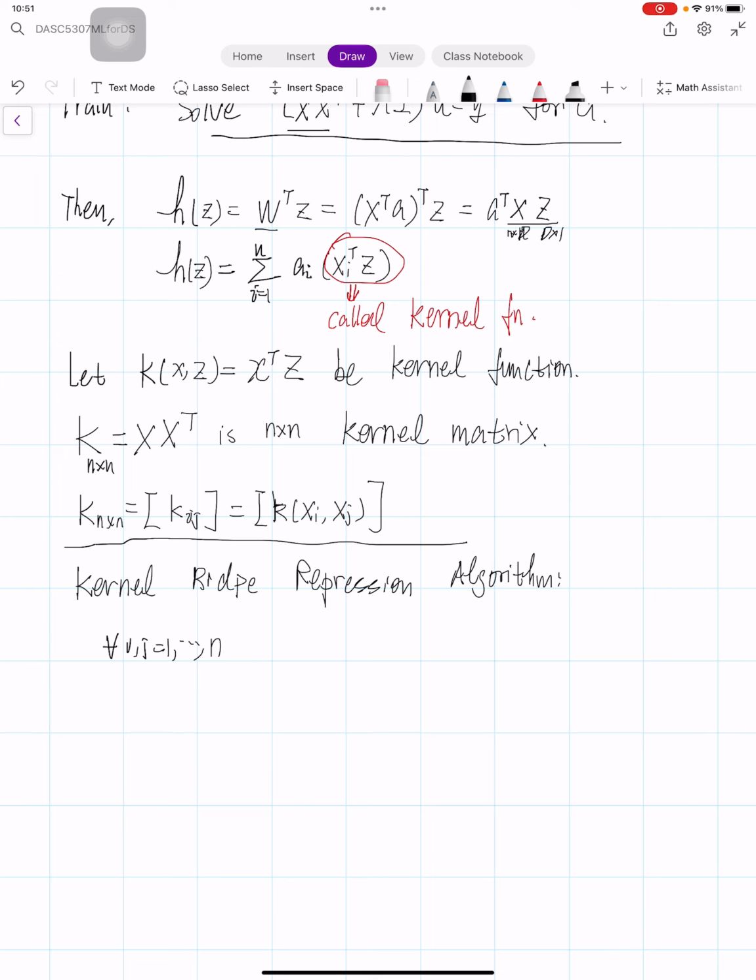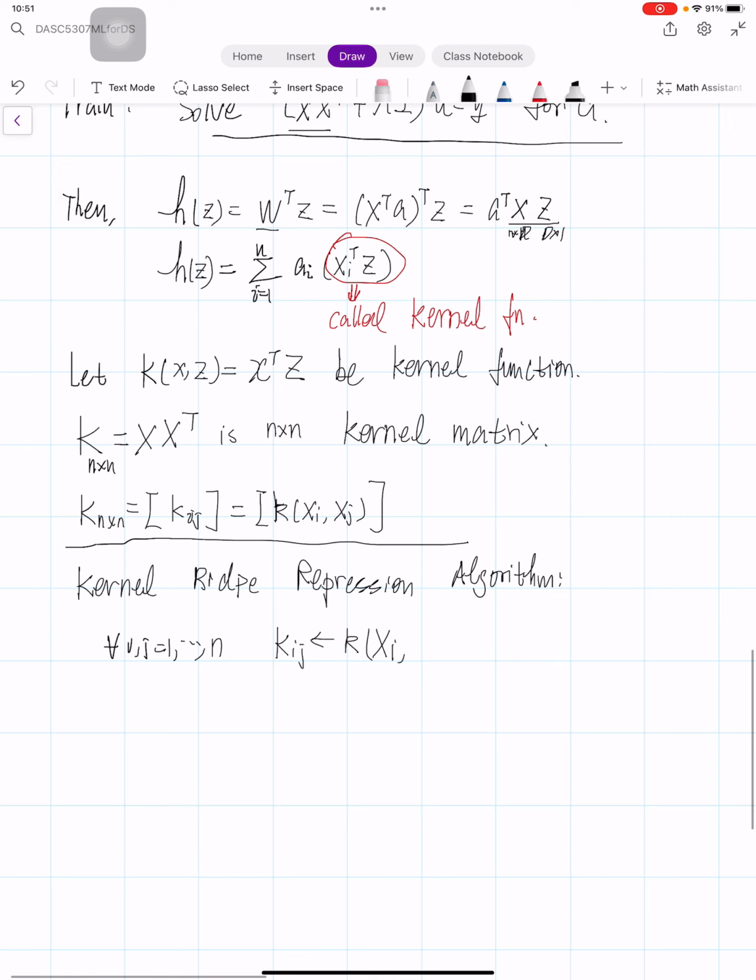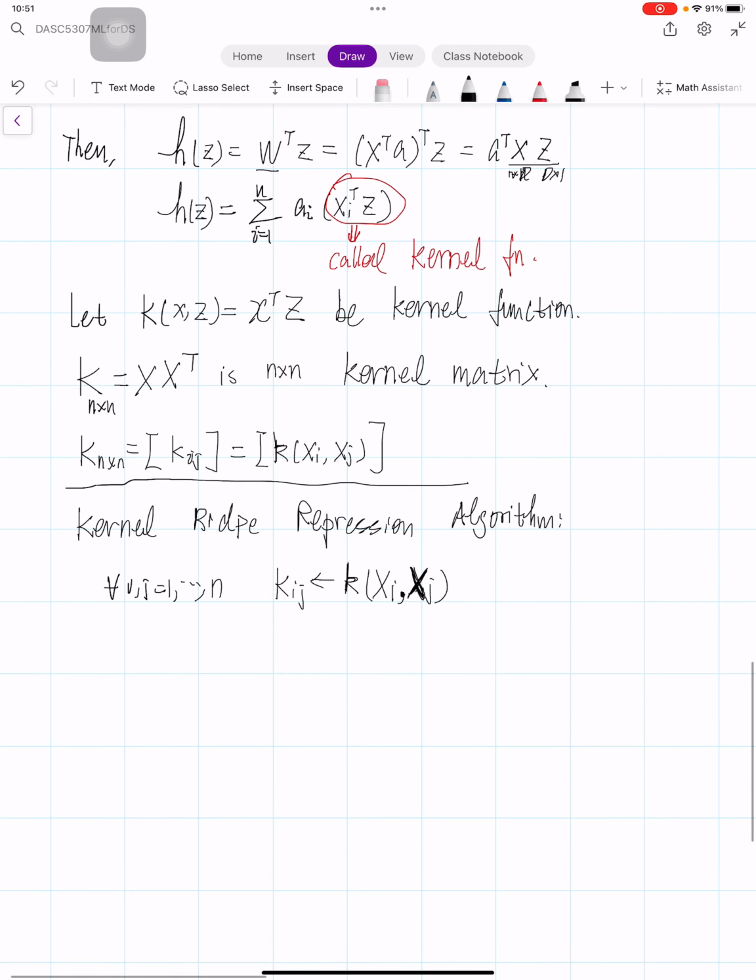So we can plug in the kernels xi, xj. So instead of solving the original d by d, we solve n by n.